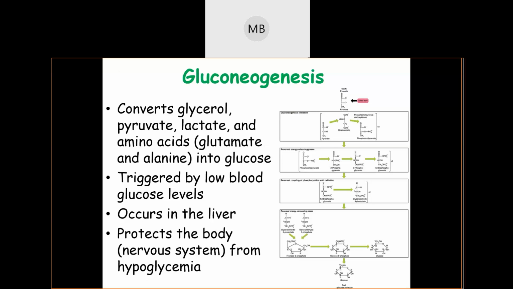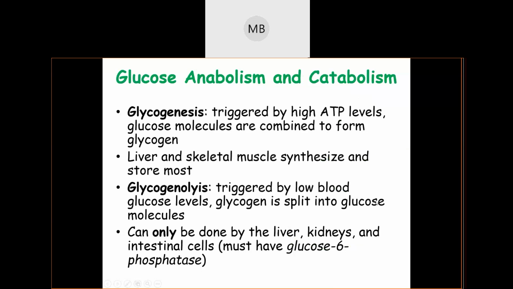So this occurs in the liver, and it's going to protect your body from hypoglycemia. So if your chemo indicators say, hey, we don't have enough blood sugar to run things, your body will start gluconeogenesis to create more sugar in your bloodstream.